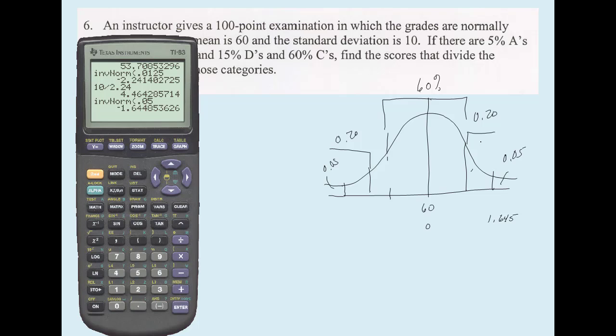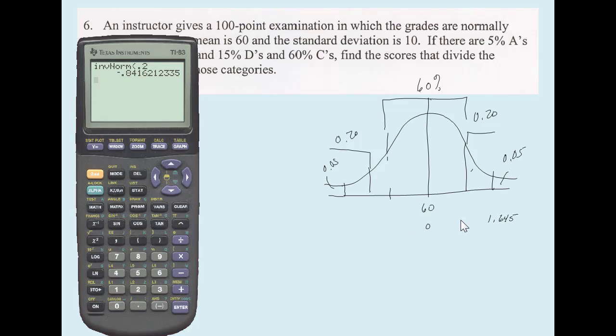All right, then I'm going to inverse norm 20%. So second inverse norm 0.2. Oh, wait a minute. Second quick clear. Inverse norm, number 3. So 0.2, and that's a -0.8416.